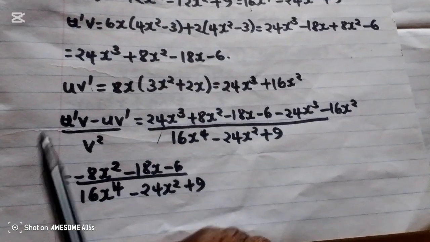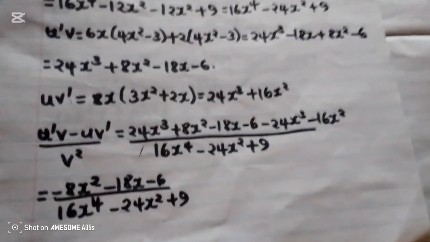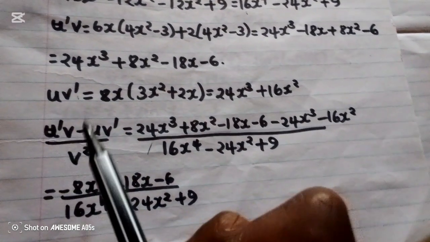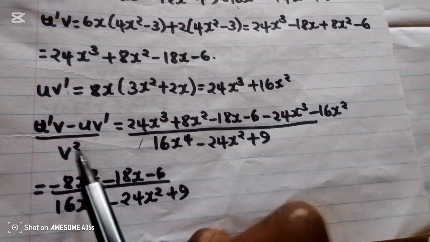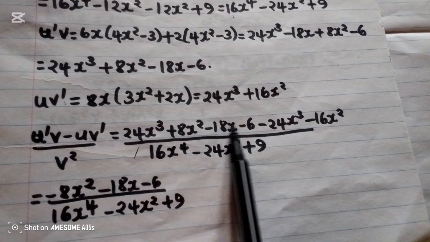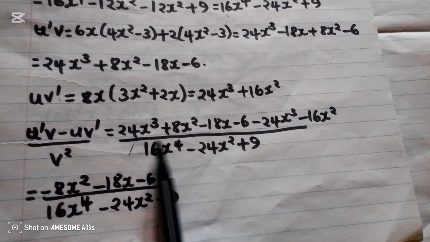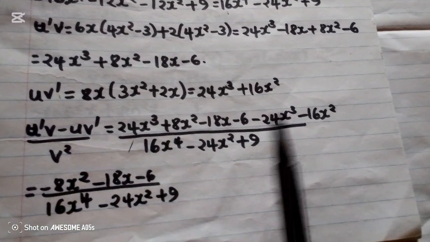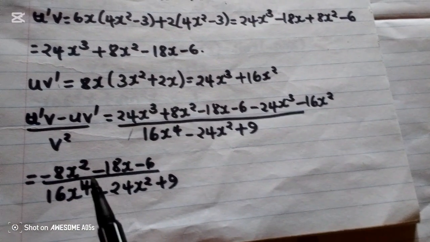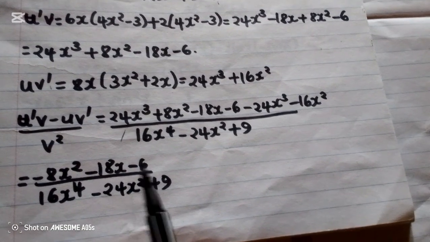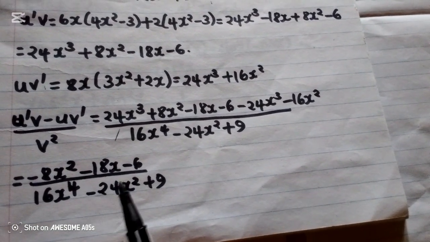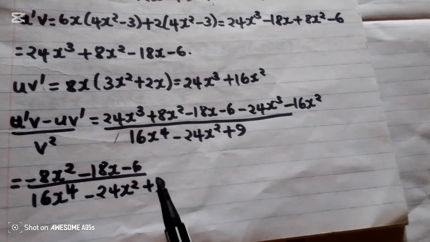So here next we will apply the quotient rule, which is u prime v minus u v prime over v squared. You subtract, then you divide by v squared, and the final answer will be negative 8x squared minus 18x minus 6 over 16x raised to 4 minus 24x squared plus 9.